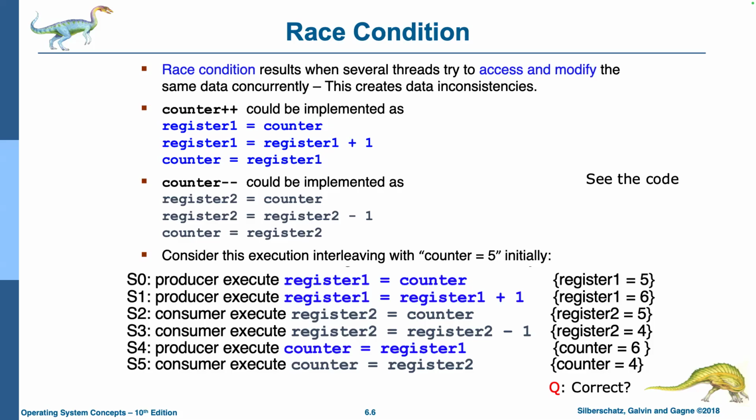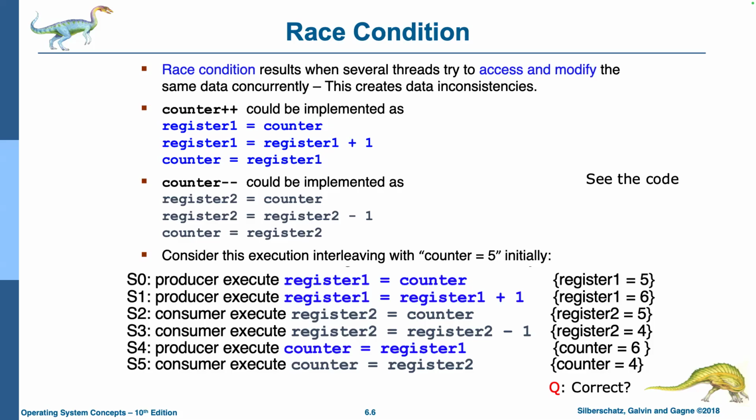Increased by 1 and then decreased by 1. The result should be, is this correct? They interleave with each other. See? Think about this. What's correct? Yeah, try.